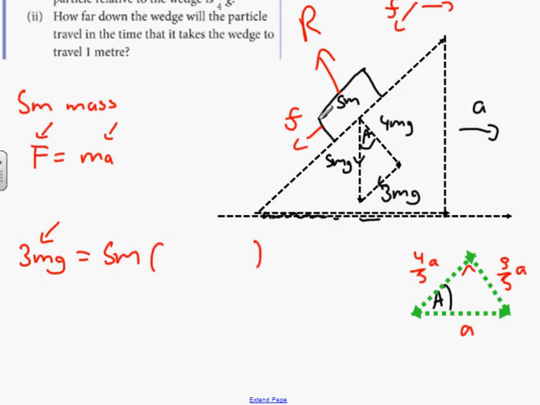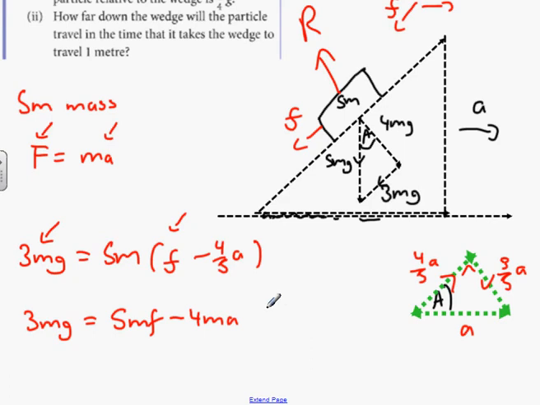F going diagonally down. You led with it diagonally left down, so you have to start your acceleration diagonally left down and then take away what's diagonally right up. Diagonal right up is 4 over 5 a. Multiply both sides by 5. Oh no need actually, never mind that. 3mg, 5mf, and then minus 4ma. And we'll call that equation 1.